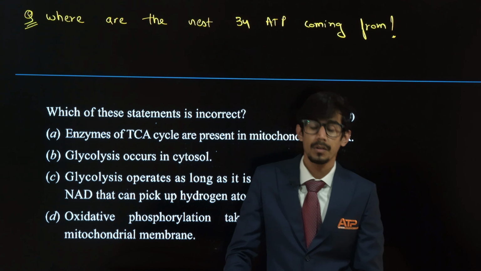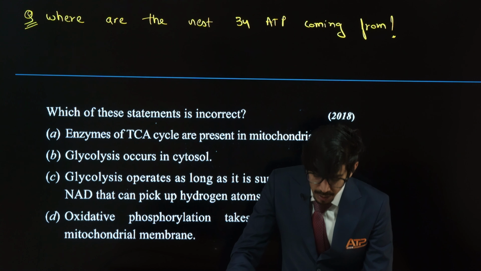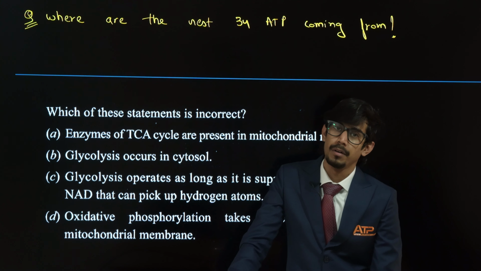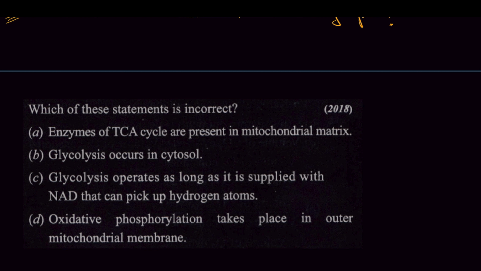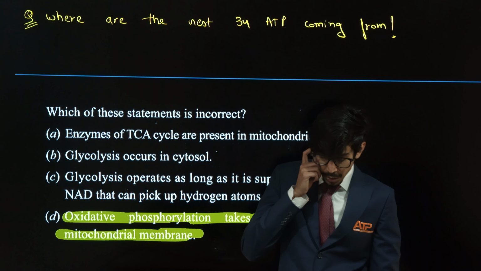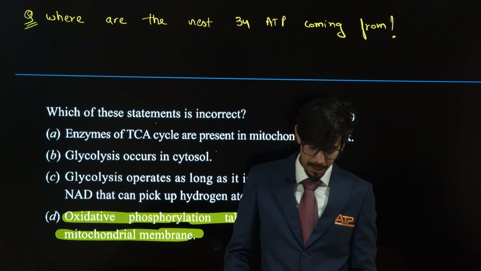No. Oxidative phosphorylation takes place in the matrix of mitochondria. So here, which one is incorrect? That oxidative phosphorylation takes place in the outer mitochondrial membrane. So the correct answer here is D.